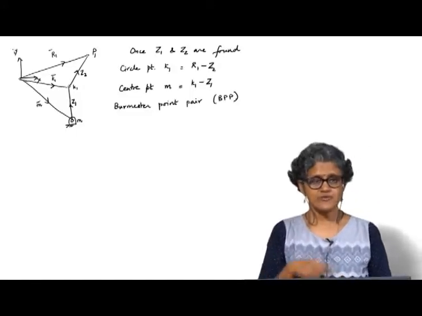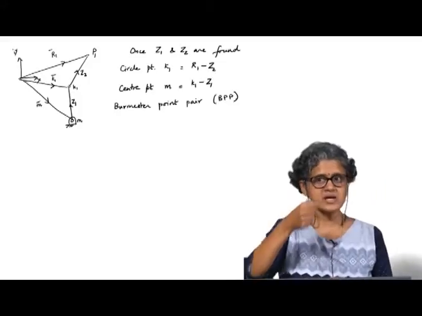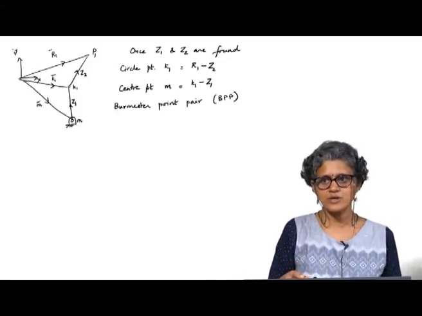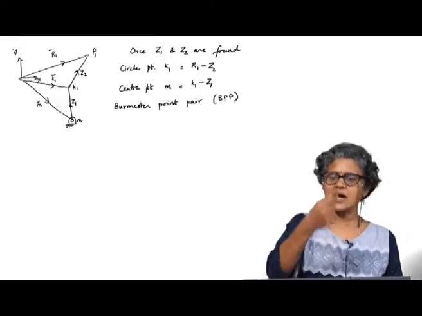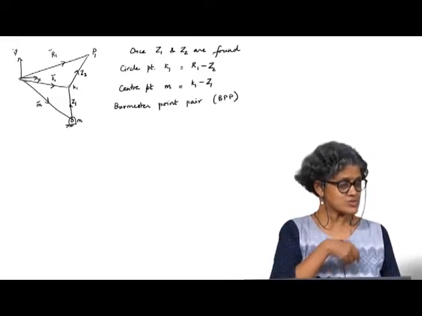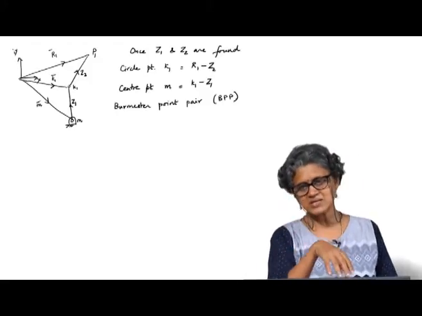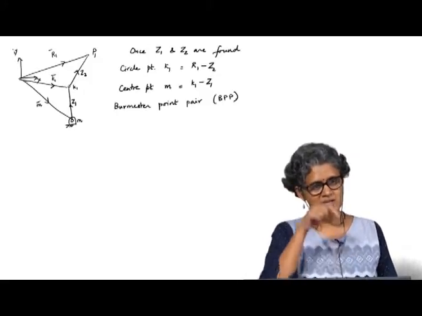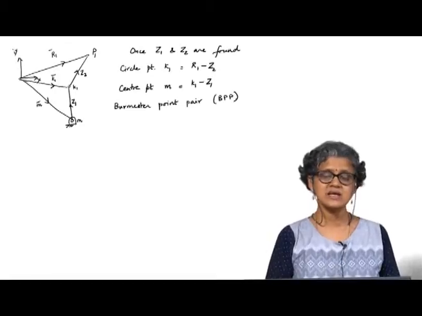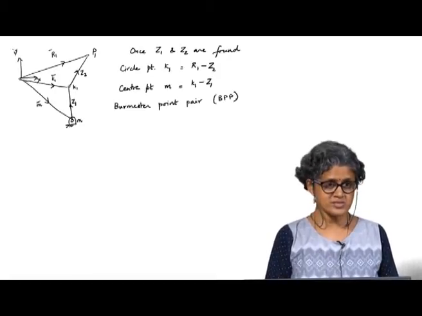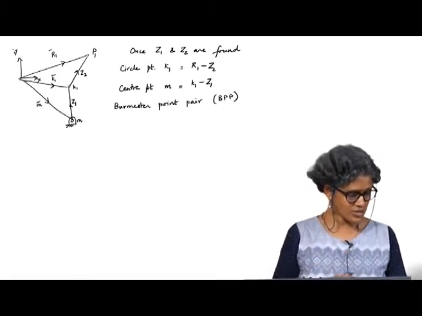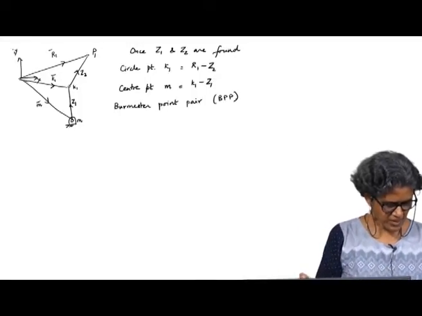So, for each circle point there is a corresponding center point, or the other way around. I can choose my center point in the fixed plane, in which case I will know exactly where my circle point is going to be once I plot the locus of these points.